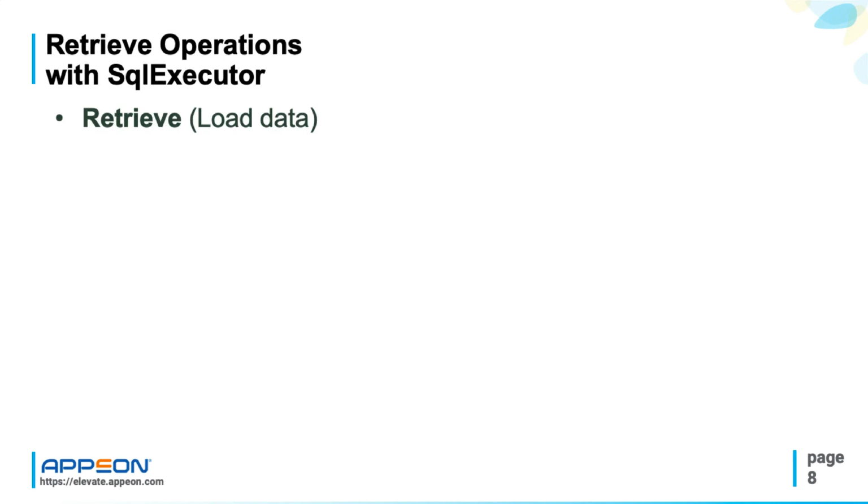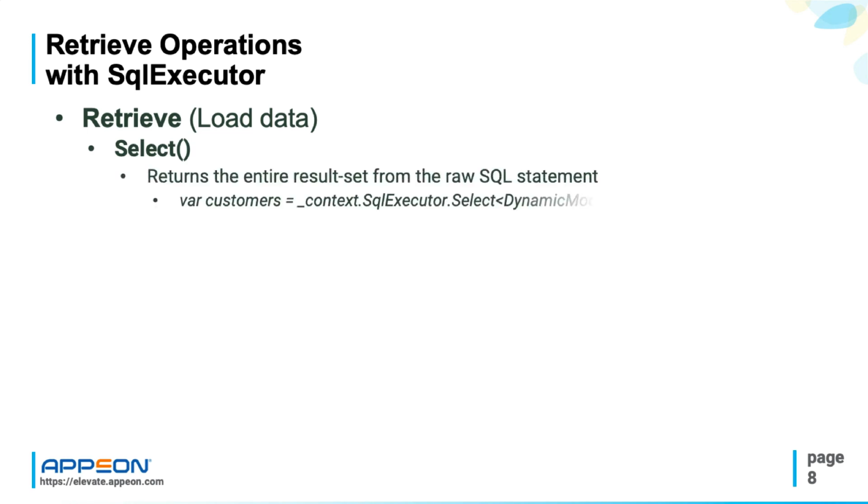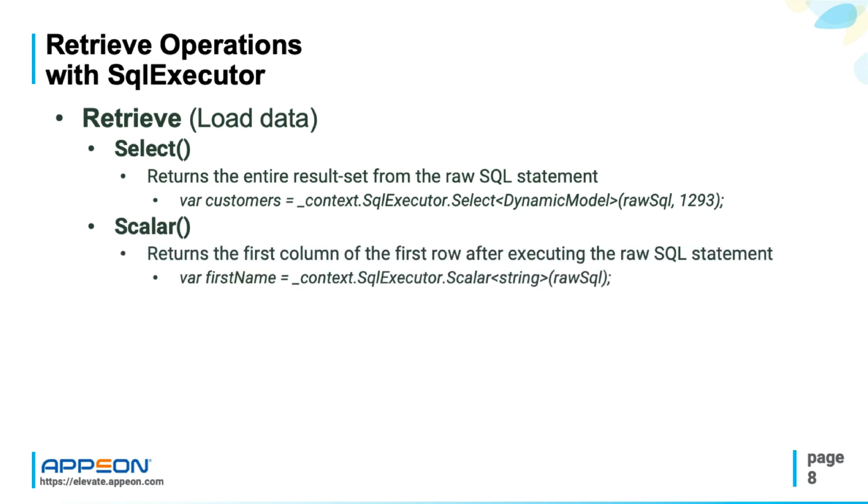Now, in order to perform retrieve operations with the SQL Executor object, we can use any one of the retrieve methods of the object. The select method returns the entire result set from the raw SQL statement. Here's a small example. The scalar method returns the first column of the first row after executing the raw SQL statement.